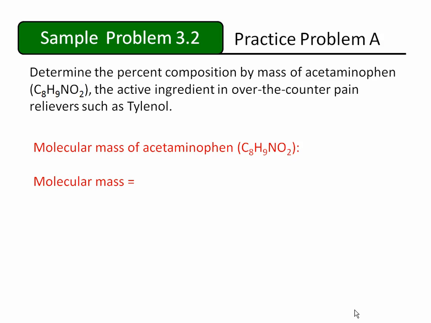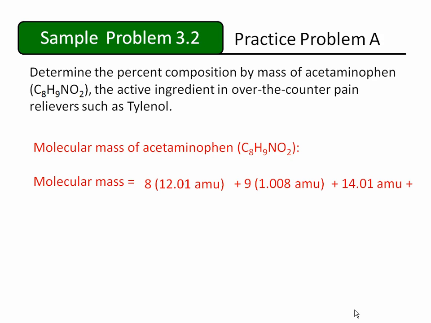The molecular mass is the sum of the masses of all of the atoms in the compound. We'll start with the carbon and multiply 8 carbon atoms by 12.01 AMU, the average atomic mass of carbon from the periodic table. Acetaminophen contains 9 hydrogen atoms, each with a mass of 1.008 AMU, so we'll add that in.